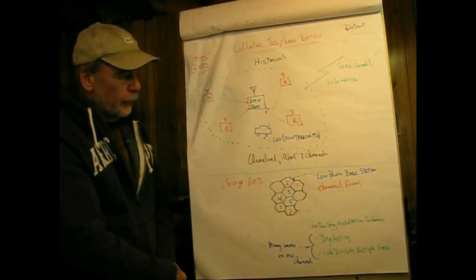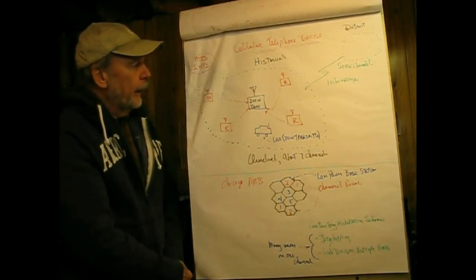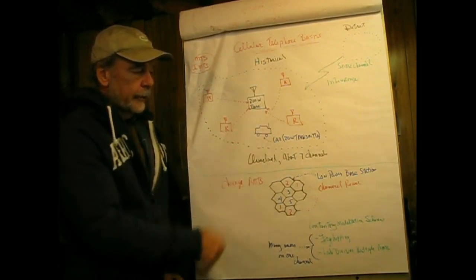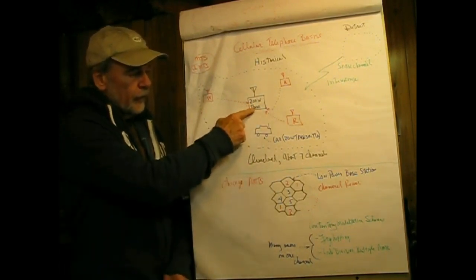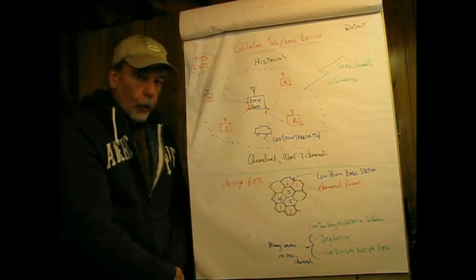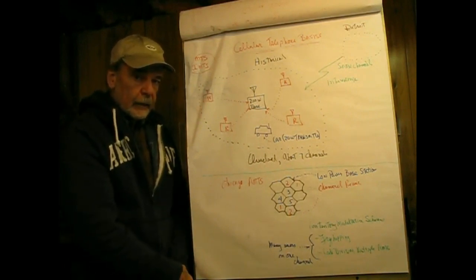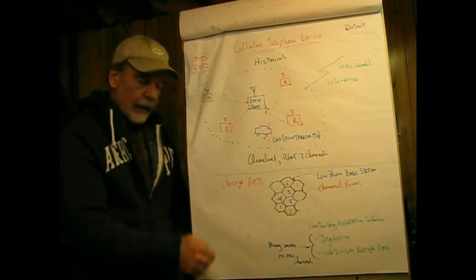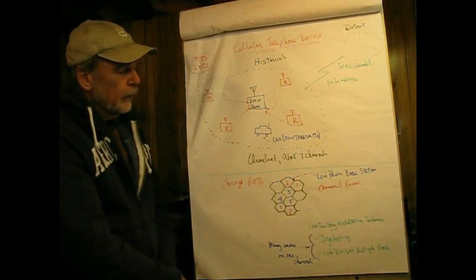So there's operator intervention here, and in the improved service the car could basically call the base station in control with the number, and that would automatically connect into the telephone network and remove the need for the operator to place the call.